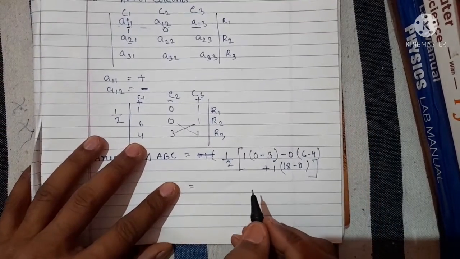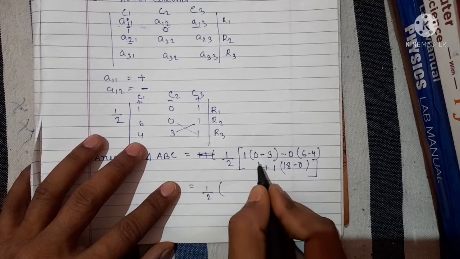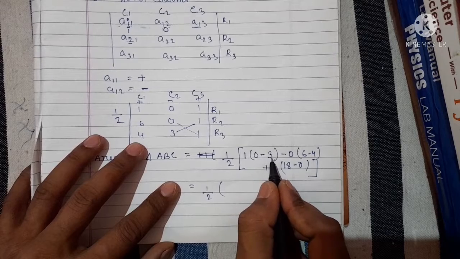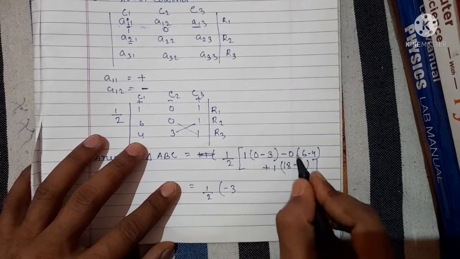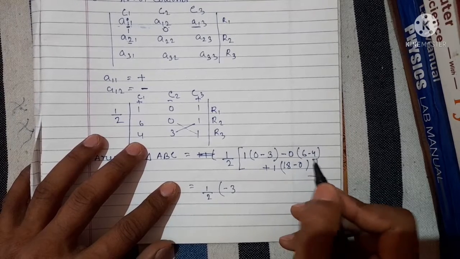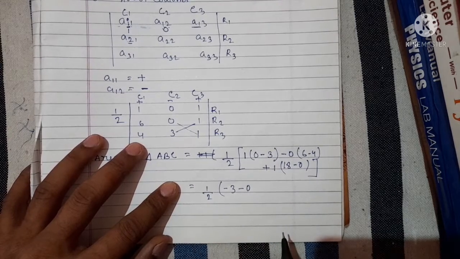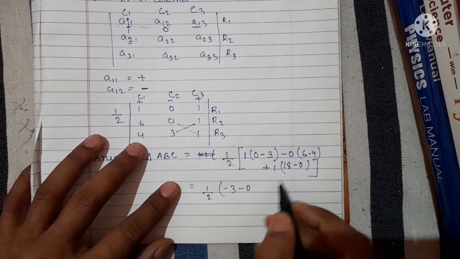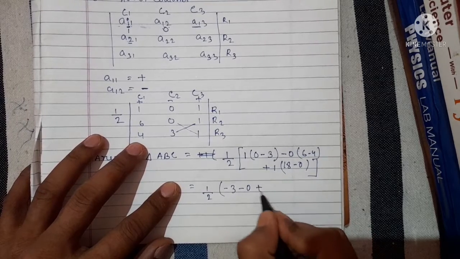Next we are going to multiply this one. Keep the half like this, and multiply: 0 minus 3 equals minus 3, 1 into minus 3 equals minus 3, right? 0 into this whole will be 0, because 6 minus 4 equals 2, and 0 into 2 equals 0, so write it minus 0. You can write it or not, it's your choice. Third, plus 18 minus 0 equals 18, so 1 into 18 equals plus 18.